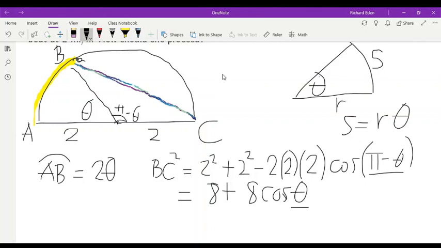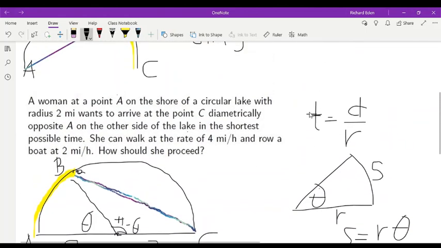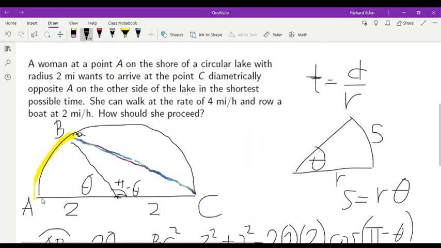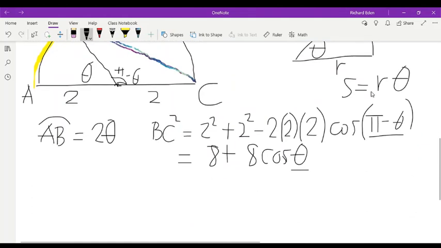And going back to the formula that time is equal to distance over rate, the total time is equal to the time along arc AB plus the time along BC. And then each of those times is equal to the distance covered over the rate. So therefore, the time big T as a function of theta equals distance over rate.